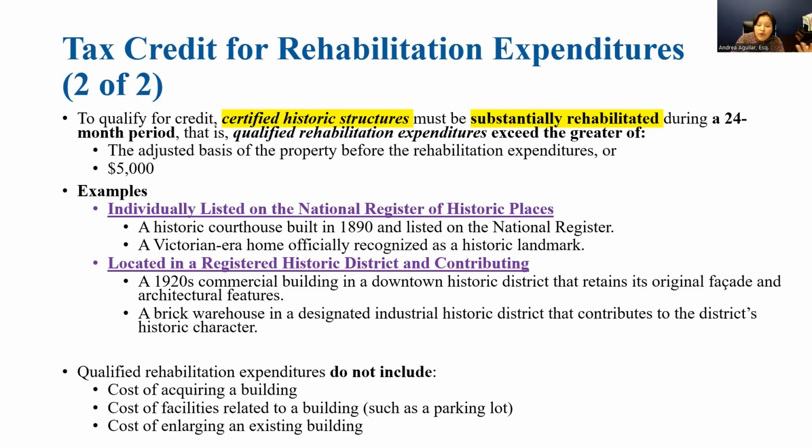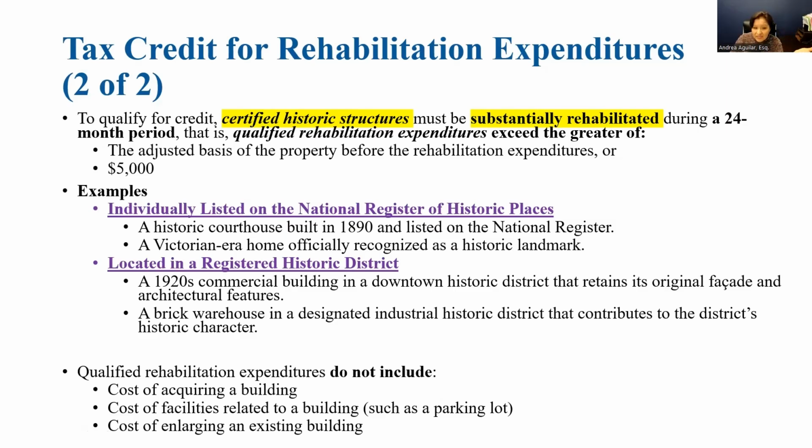Okay, so if your expenses exceed the greater of $5,000, or the adjusted basis of the property before you incur all these expenses, then we are going to consider this a substantial rehabilitation.